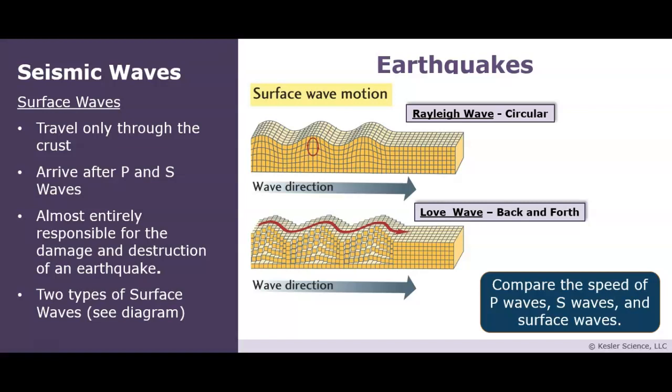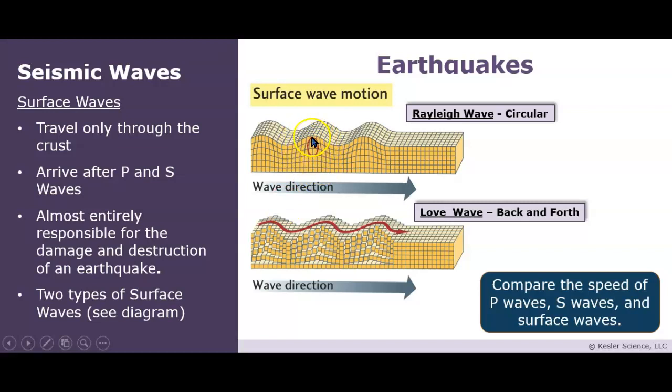You'll see there are two types of surface waves. There's the Rayleigh wave, and there is the Love wave. Interesting names. They actually happen to both be named after people who helped to discover them. The Rayleigh wave moves in a circular motion.